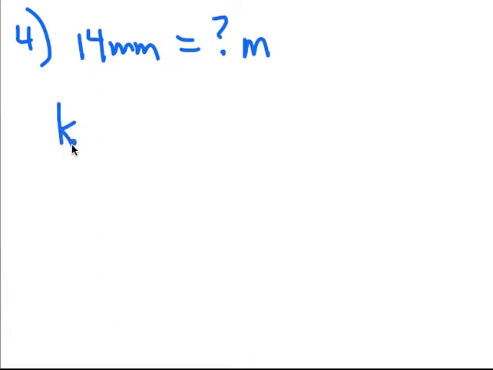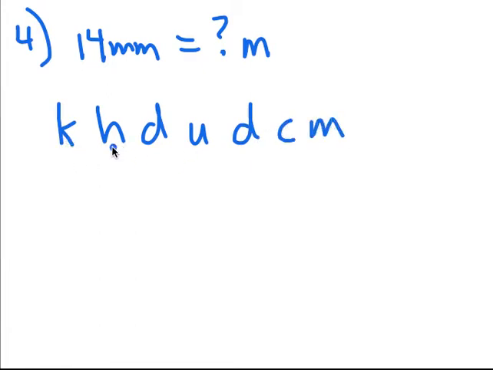So again, we would say King Henry died, unfortunately, drinking chocolate milk. This is kilo, hecto, deca, the unit, so this could be meter, liter, gram, deci, centi, and milli. And in this problem, we're starting with millimeters. So this M stands for milli, this M stands for meter, and we just want to convert to regular meters, which is right here.